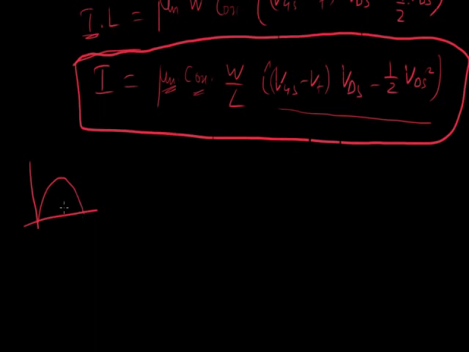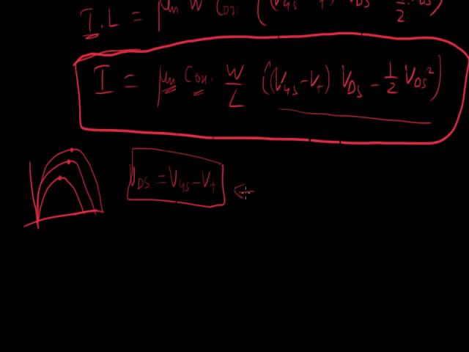In saturation, it is seen that for different VGSs, the highest amount of current flowing through the MOSFET is when VDS equals VGS minus VT. How to prove this, we'll do in the next lecture, but for now, look at how your equation would look when your NMOS is in saturation. So you just substitute VGS minus VT for VDS, and what do you get?